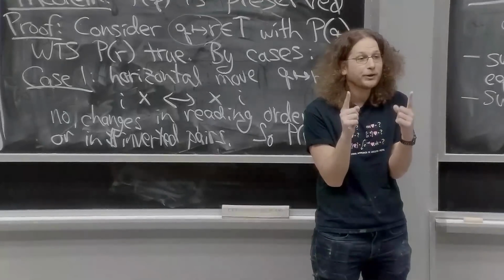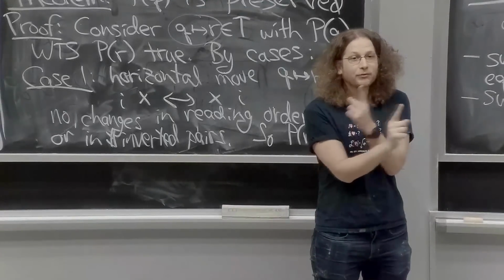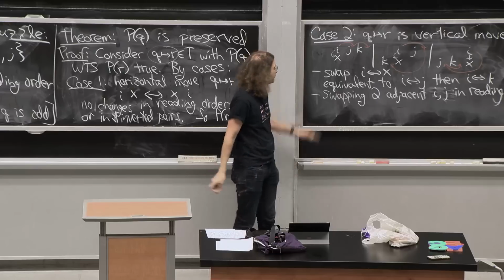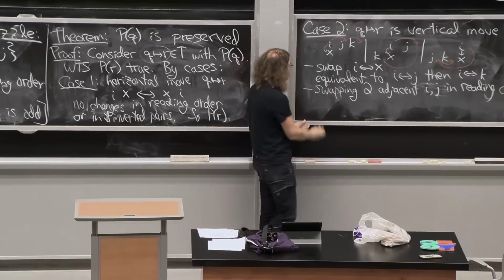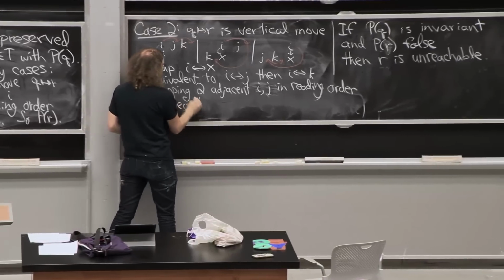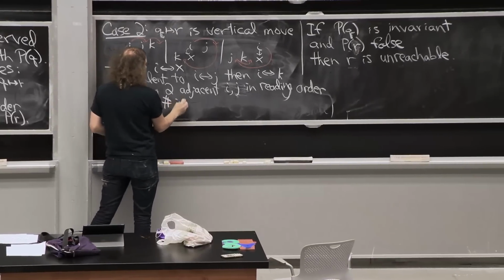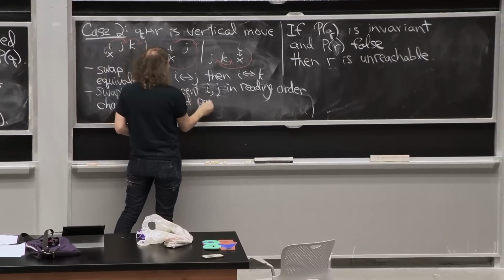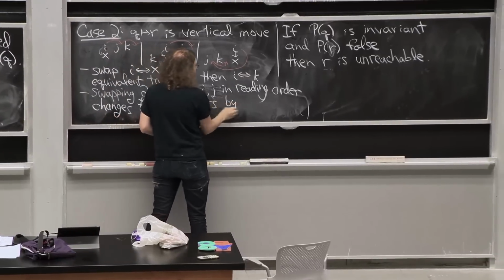If they were an inverted pair initially, if I is bigger than j, after I do the swap, they're no longer an inverted pair. So swapping two adjacent items changes the number of inverted pairs by plus or minus 1.